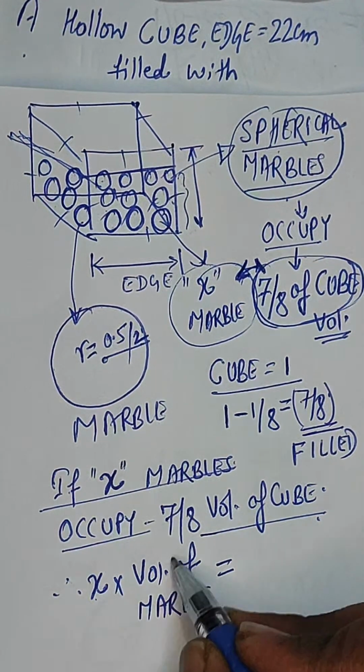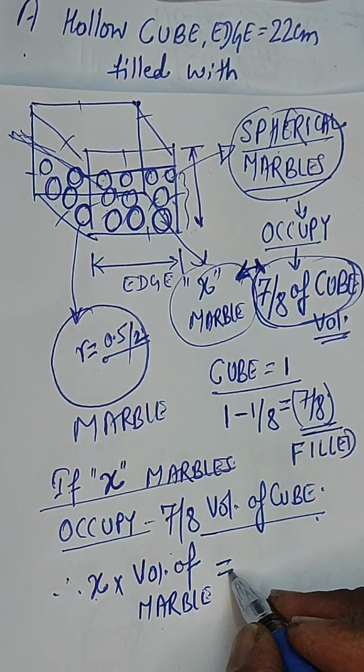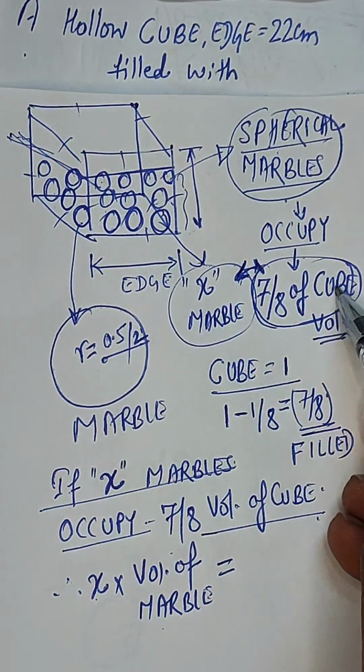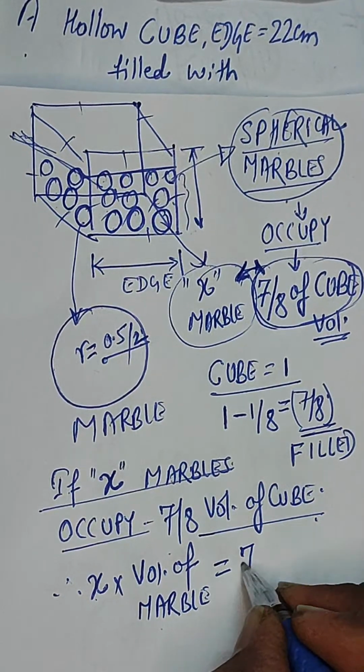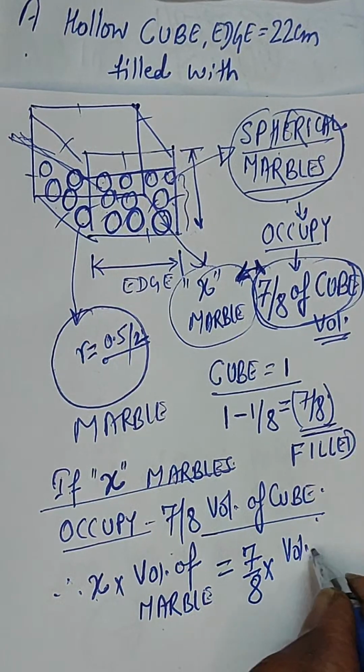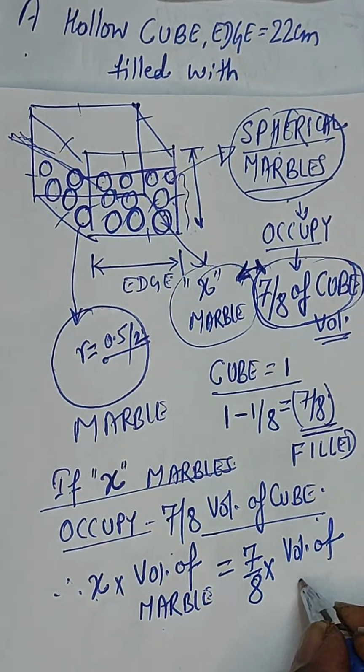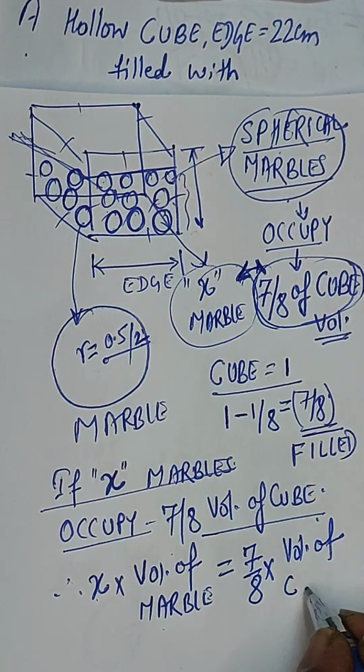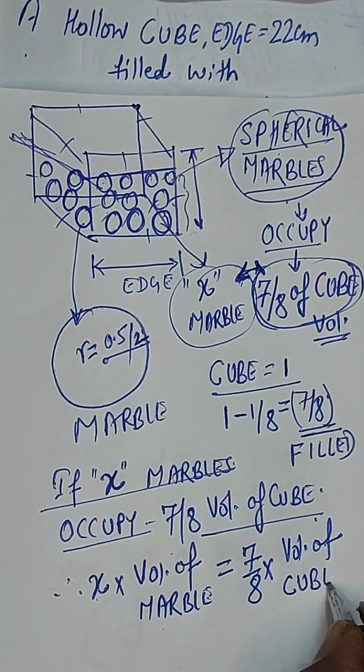So that means x times the volume of the marble is equal to 7 by 8 of the volume of the cube, isn't it? 7 by 8 into volume of cube. Why? Because 1 by 8 remains unfilled.